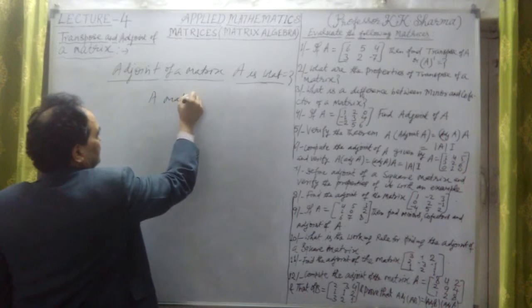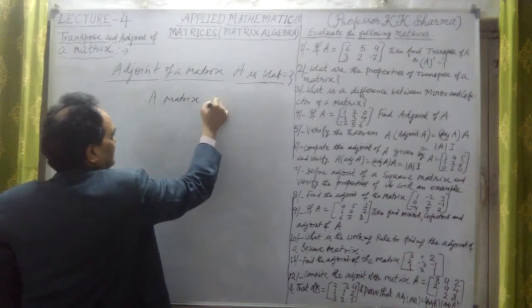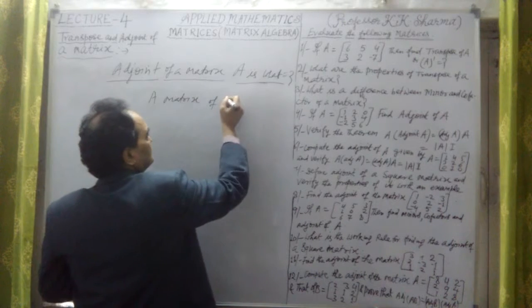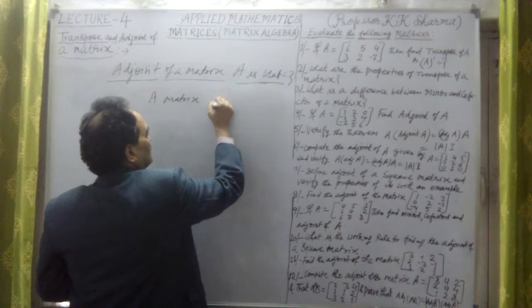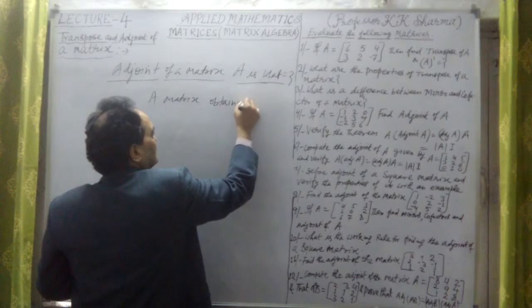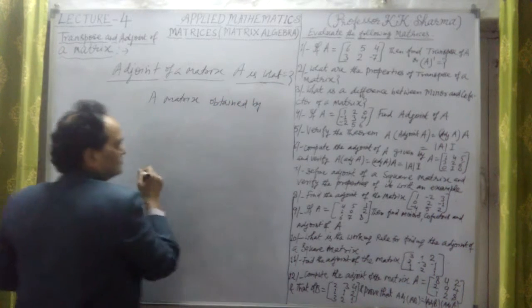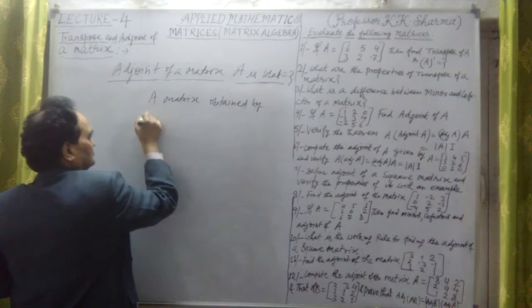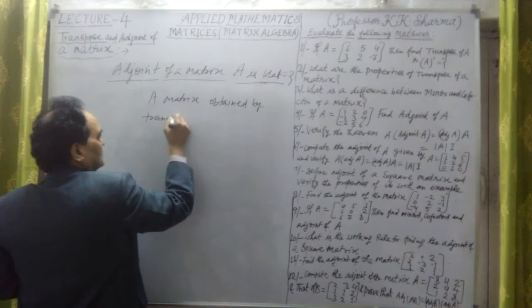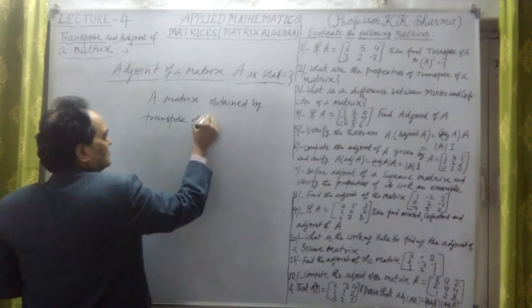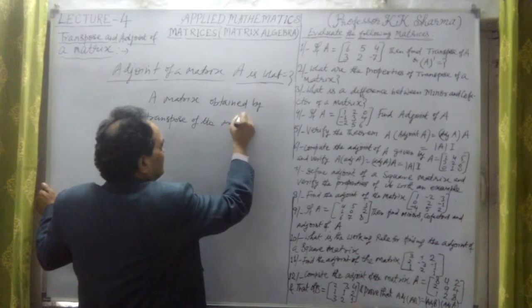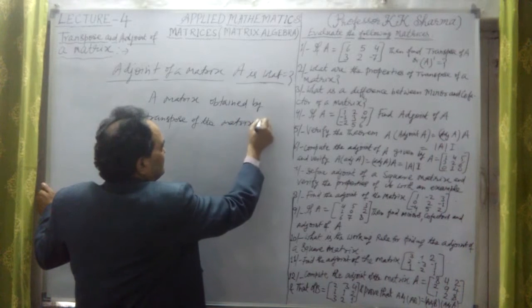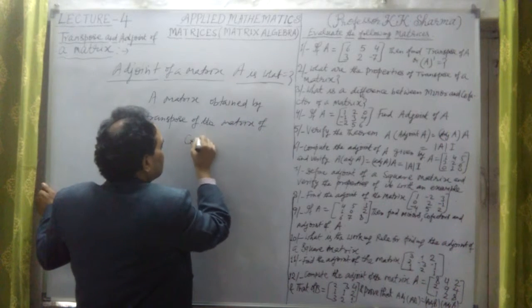The adjoint of a matrix is the matrix obtained by the transpose of the matrix of cofactors.